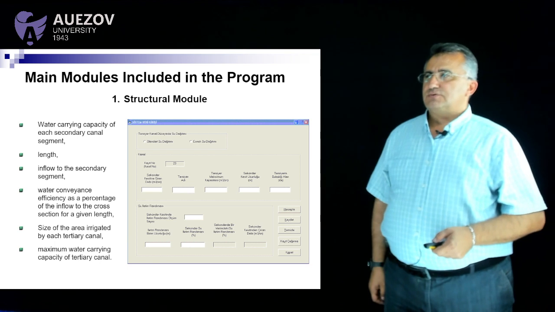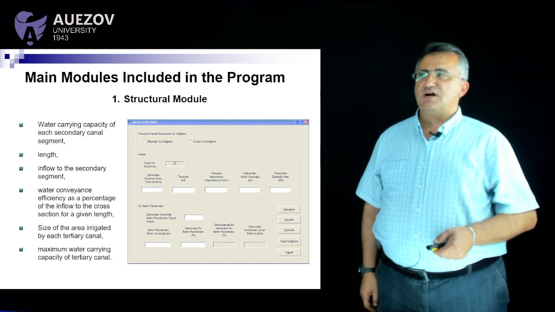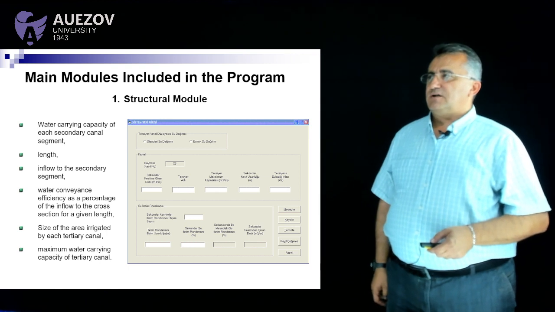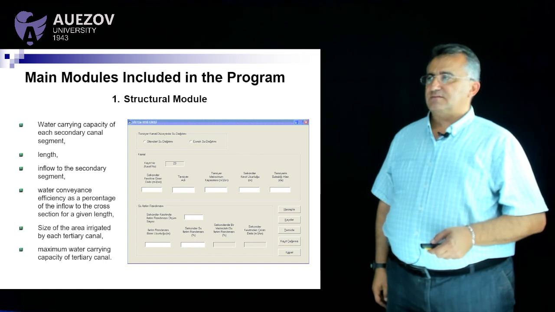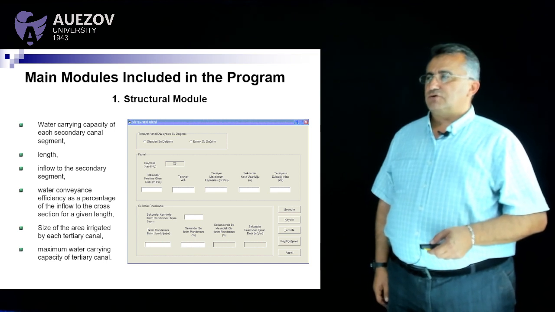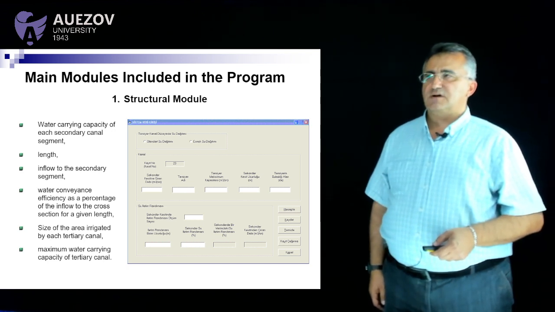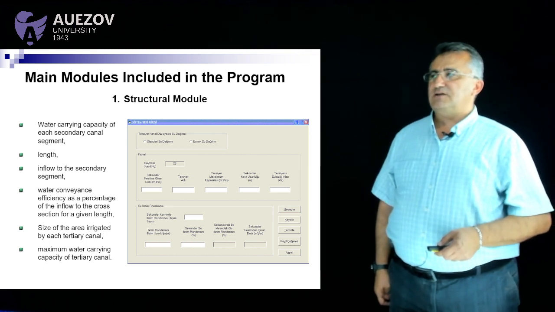The main modules included in the program: the first one, the structural module. This module contains the water carrying capacity of each secondary canal segment, canal length, segment length, inflow to the secondary segment, water conveyance efficiency as a percentage of the inflow to the cross section for a given canal length. The other one, size of the area irrigated by each tertiary canal.